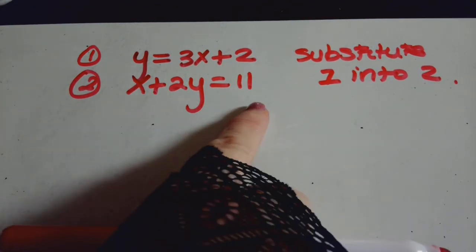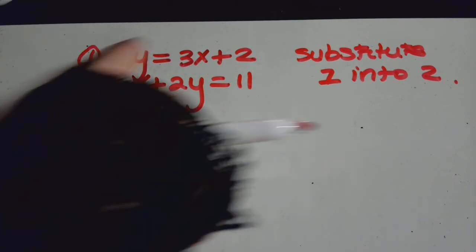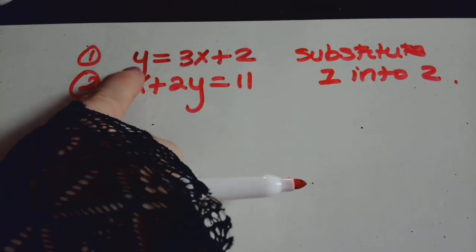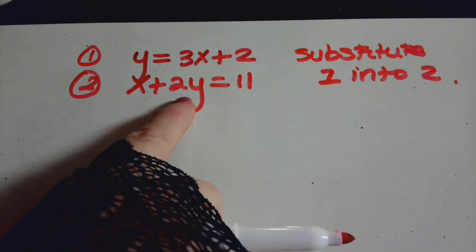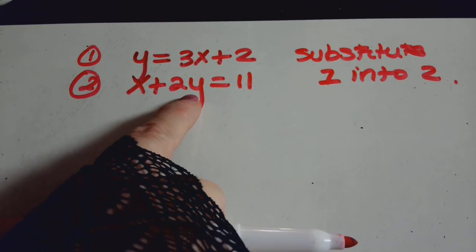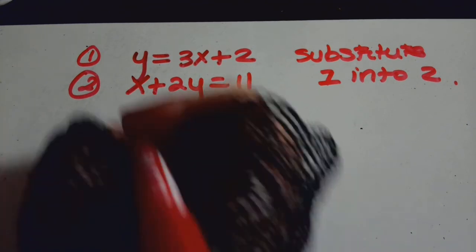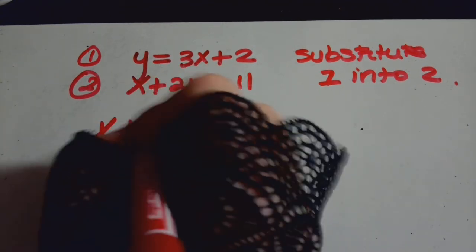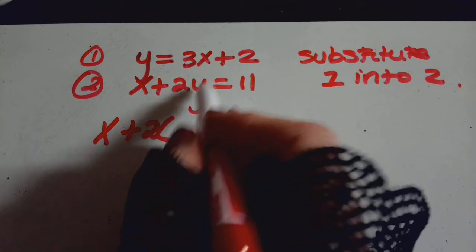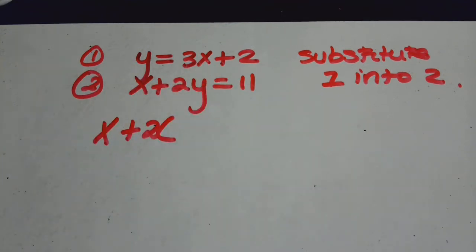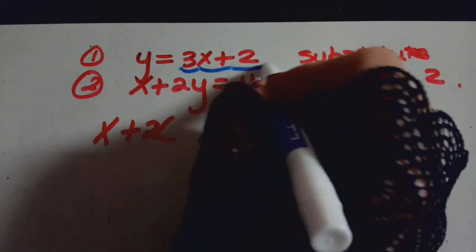So this is the second one, and I'm going to take 1, since it's solved for y, and I'm going to substitute it in here. Wherever y is, and y is only here one time, I'm going to substitute it with 3x plus 2, because that's what it is. It's kind of a statement saying y is equal to this. So where y is going to be, let me use a different color, it's going to be substituted with this.